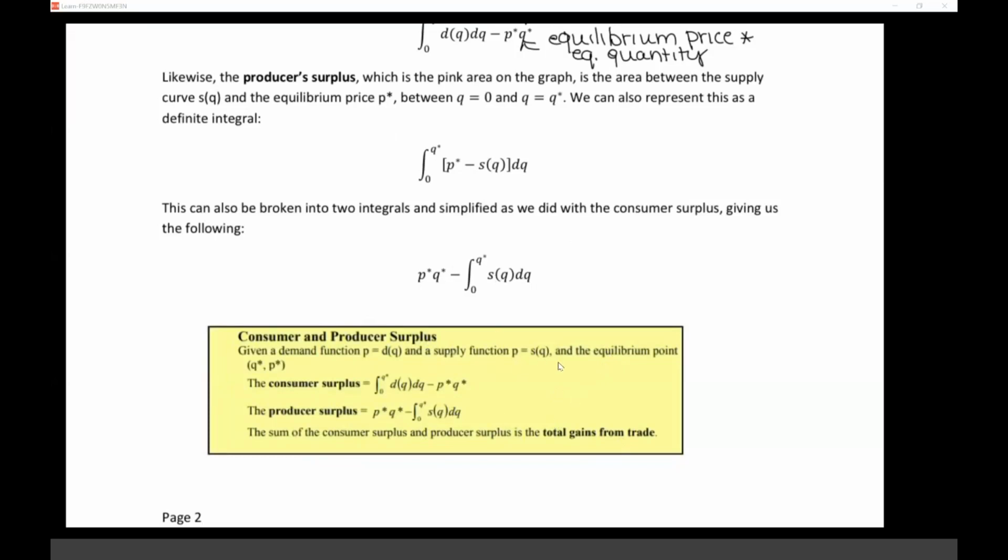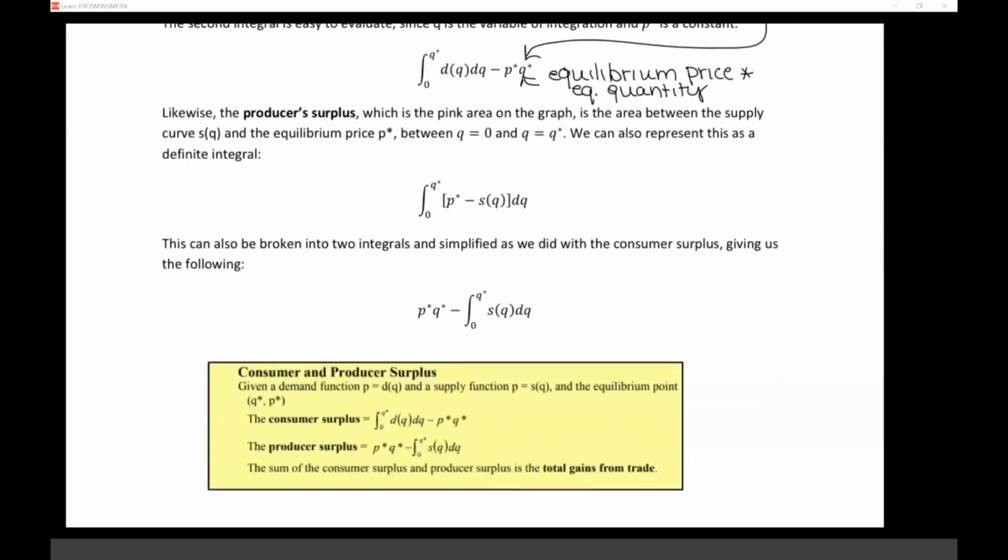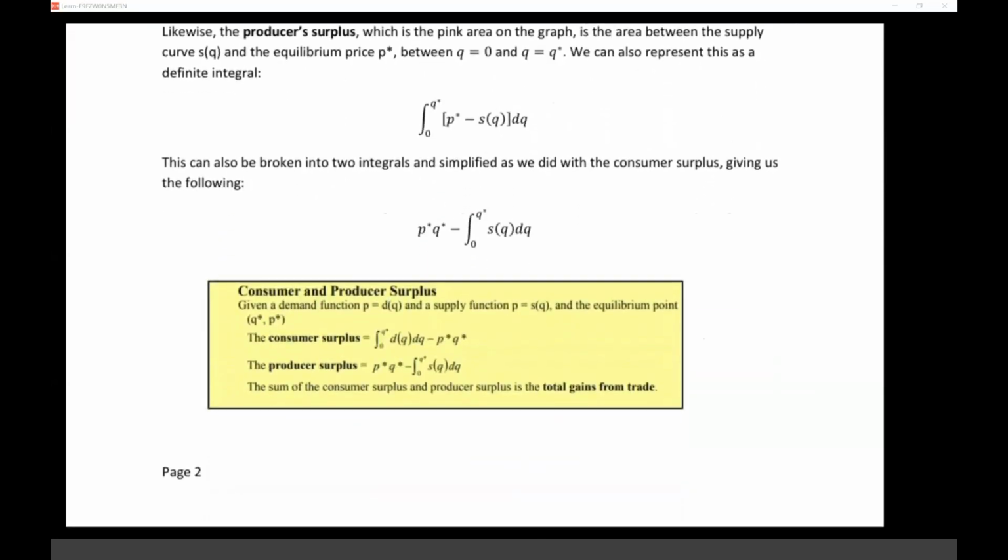But I'm showing you the work just so you have some idea of where this stuff came from. It's based on finding the area between two curves. That's all it is. Producer surplus is very similar. The only difference is equilibrium price times quantity comes first instead of second.